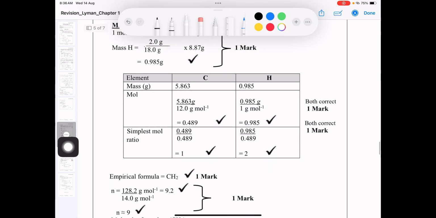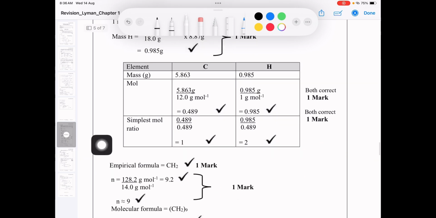Next, we want to calculate the empirical formula for the hydrocarbon. So the mass of carbon is 5.863 gram. For hydrogen is 0.985 gram.